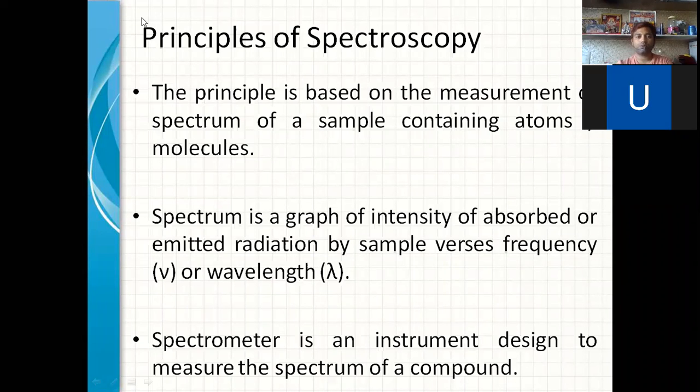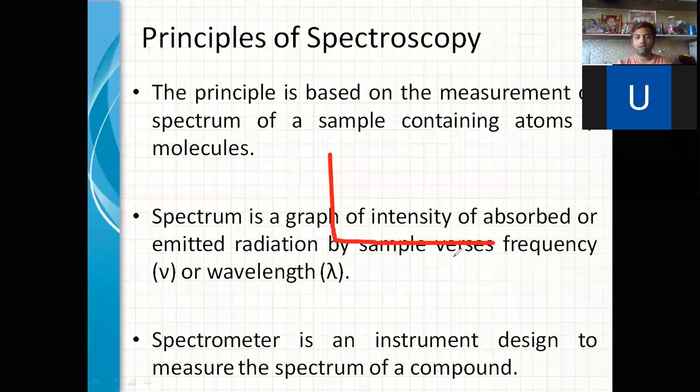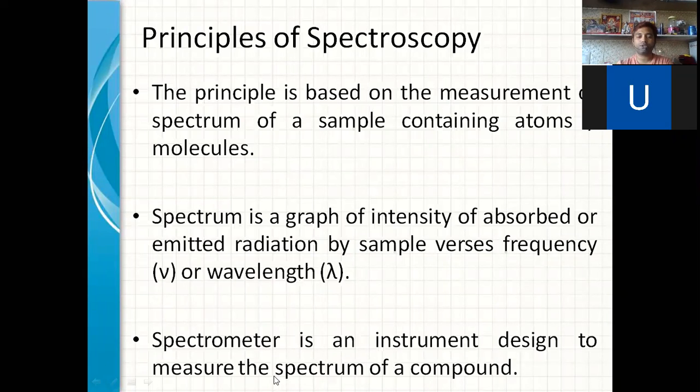In this graph, this is lambda, and this is absorbance or transmittance T. A spectrometer is an instrument designed to measure the spectrum.